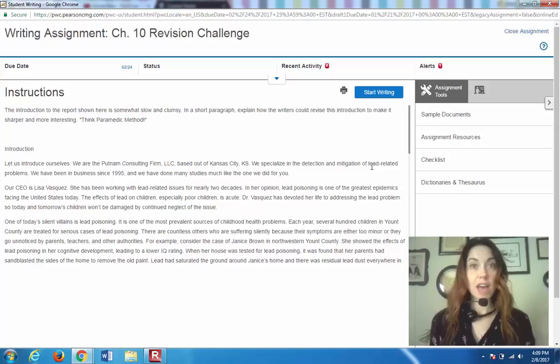So you actually have two options. I don't mind whichever one you pick is going to be great. You can either go through and revise the actual introduction and change the text, or in a short paragraph, like it says right in the instructions, you can explain what the writers should do.